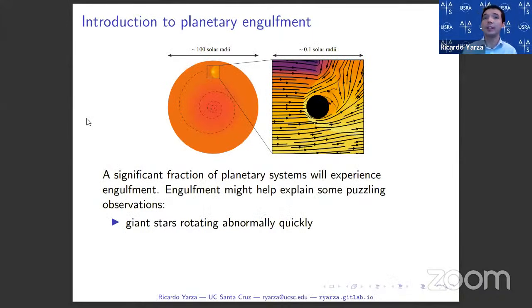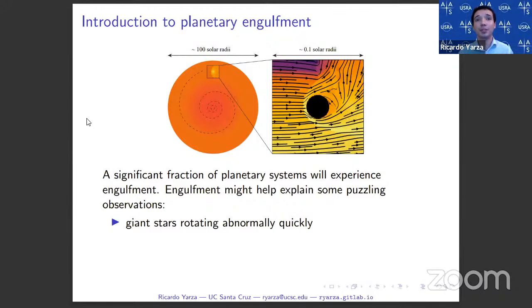And engulfment is also interesting from the observational side in that it might help explain some puzzling observations. The first of which is observations of giant stars that are rotating abnormally quickly. And the way I think about engulfment sometimes is to think of the star as a cup of coffee and of the planet as a spoon.